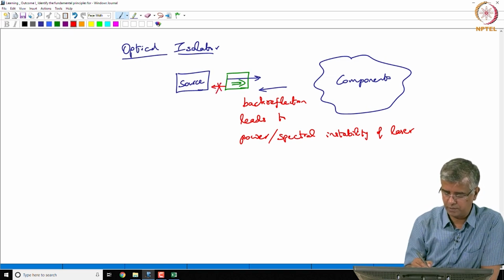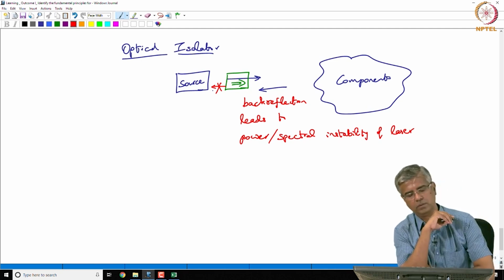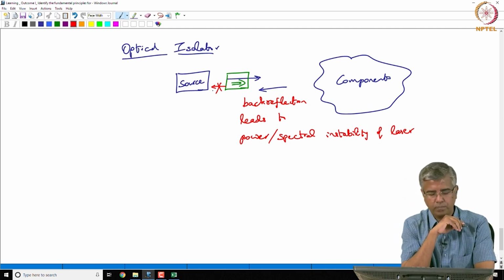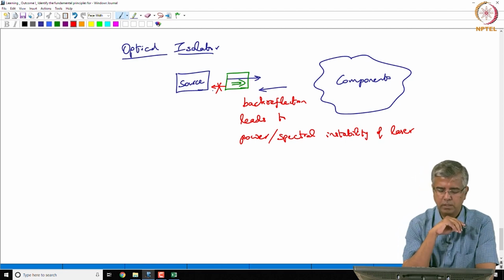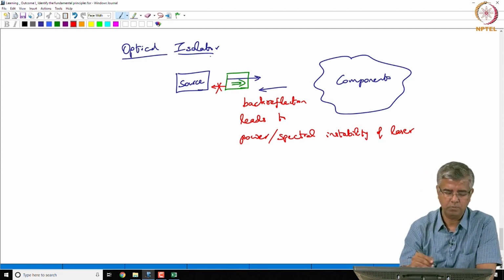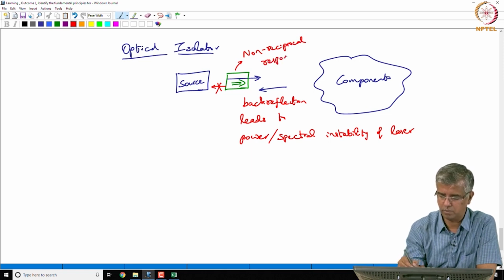So, whatever light goes forward through this component is transmitted, and whatever light comes back, it should block. Okay. So, that essentially means that this component, which we will call an isolator, will need to exhibit a non-reciprocal response.